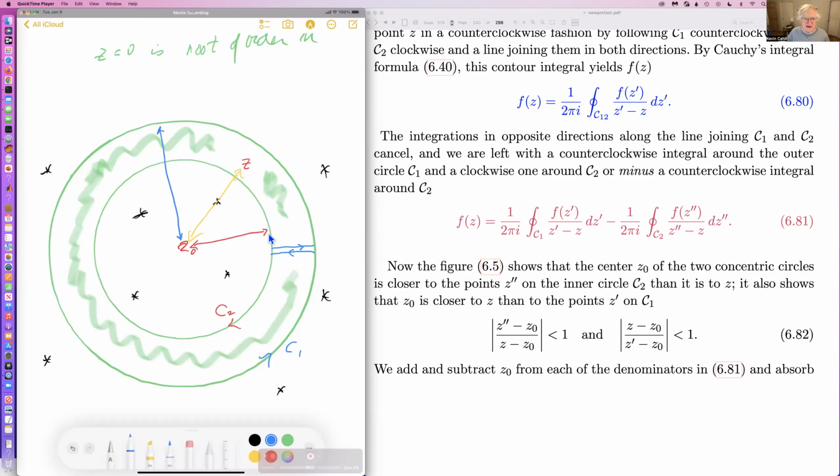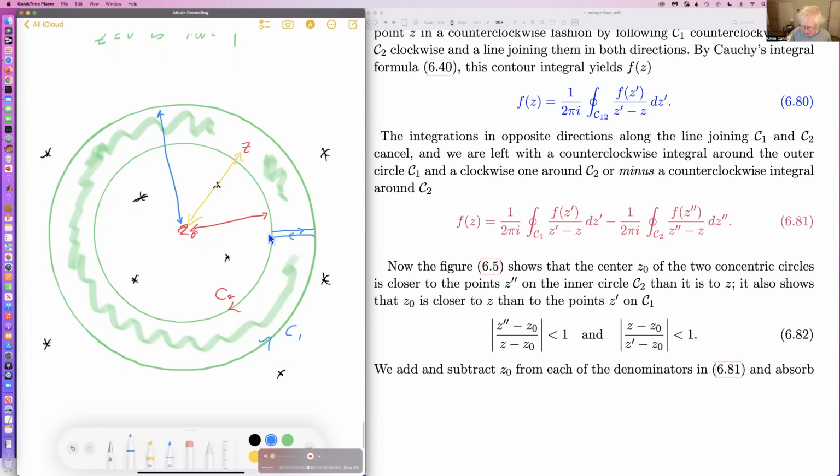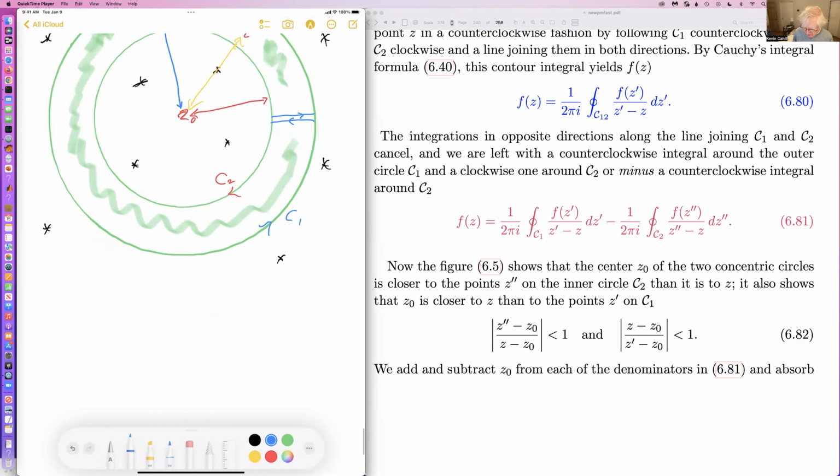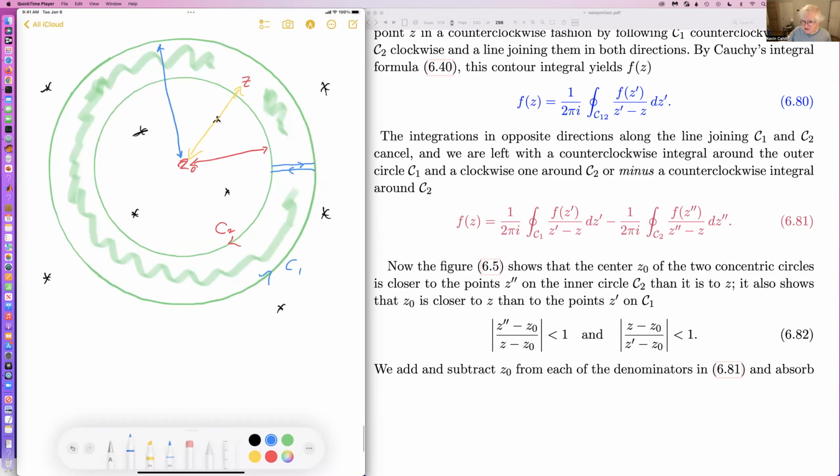And so in fact, what I could do is write these inequalities. So z double prime minus z0 is the inner circle. We have z double prime minus z0.